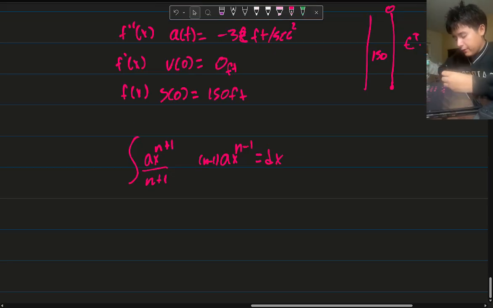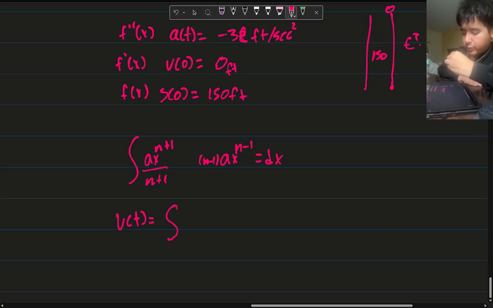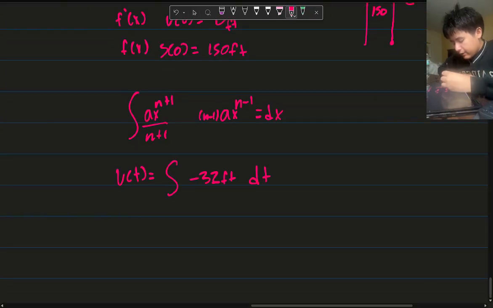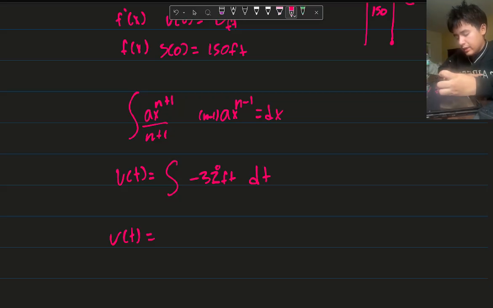So to find v of t, we have to take the integral of our second derivative to get to the first derivative. Our second derivative value is negative 32 feet, with respect to dt. Using the formula up top, v of t is equal to negative 32 t to the power 1 over 1, plus c.